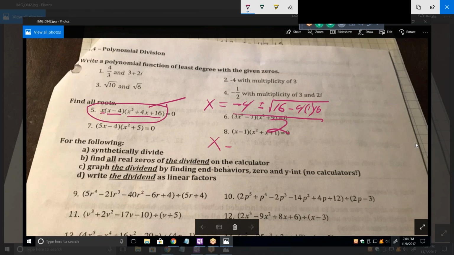Okay, let's simplify that. I think it's minus 48 inside. The discriminant is minus 48. 16 minus 64, all over 2. Now simplify minus 48.